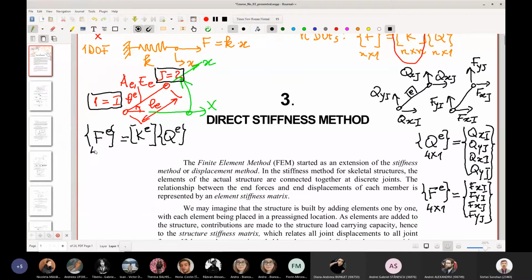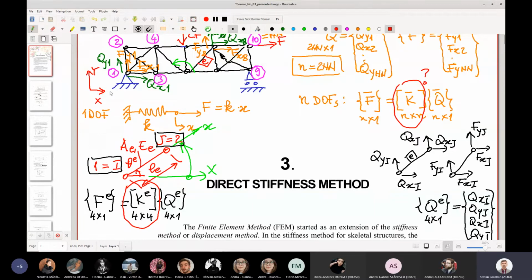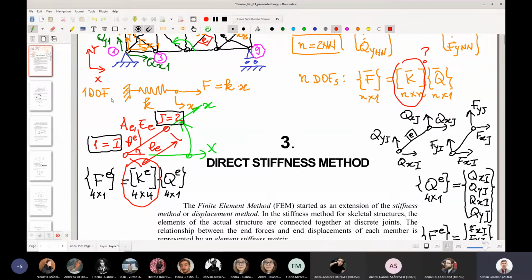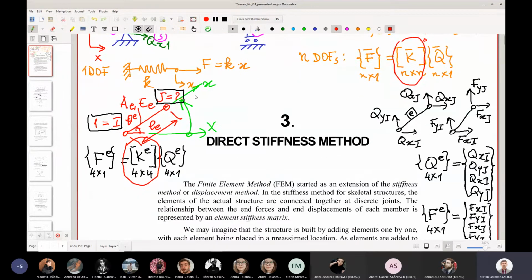So this matrix will be 4 by 4, times 4 by 1 again. And if I am able to write something like that, we can obtain this matrix capital KE. Capital letters are used for the global system of coordinates. You will see later that small letters will be used for local coordinates.